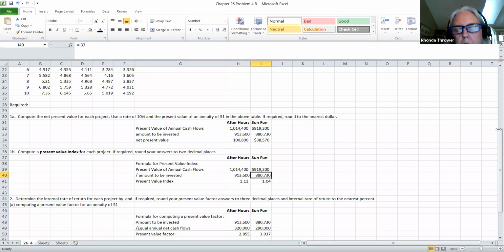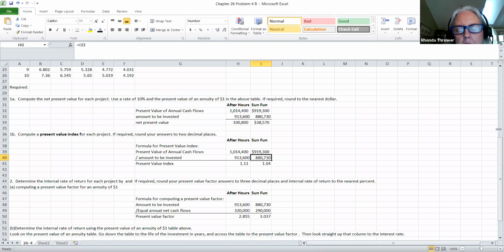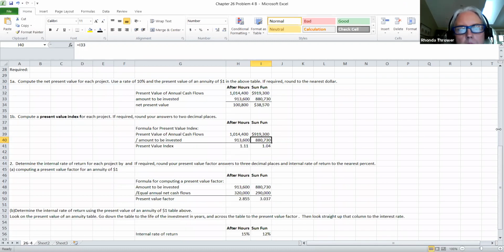If it goes below 100, then it's probably not going to be a good investment for you to make within your company. So still, both of these look like they're pretty good investments, but it looks like After Hours is producing the most amount of the net present value and the largest present value index. So After Hours would be my choice.